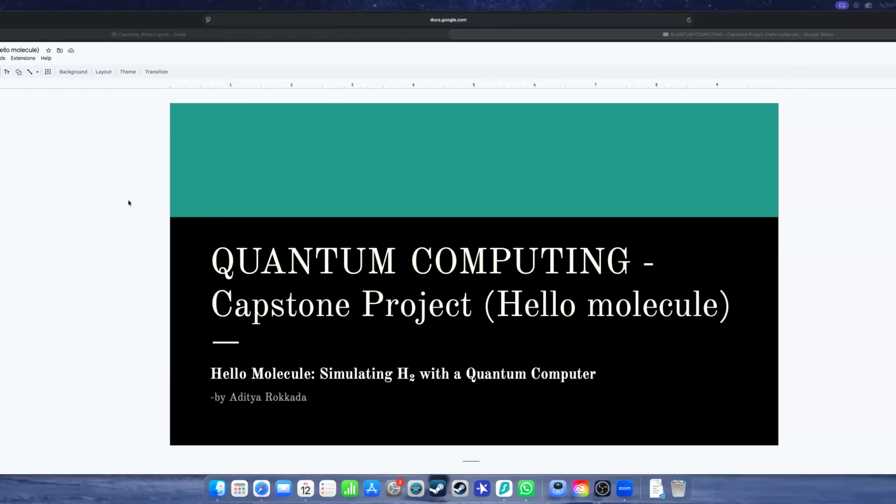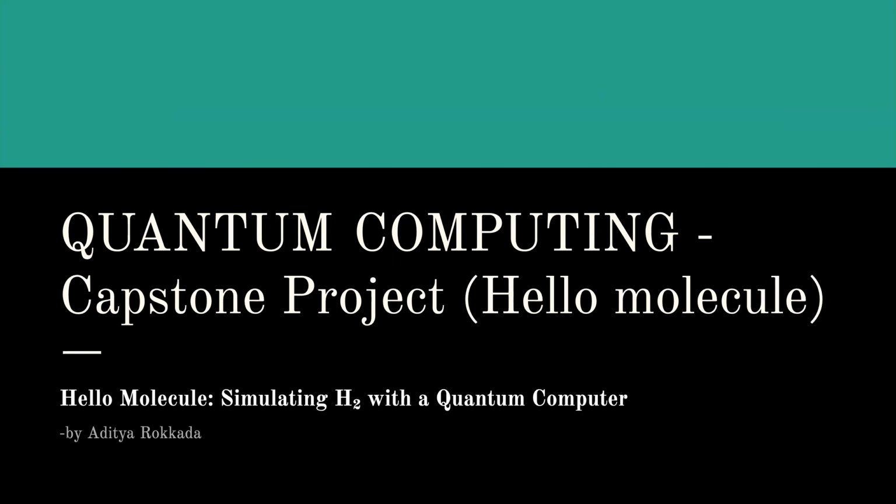Okay, so good morning. Today I'm going to be presenting my capstone project, which is about simulating the hydrogen molecule. I chose this because I have experience with chemistry, and I thought it would be cool to dive in deeper and integrate it with quantum computing. The goal today was to simulate the molecule and find its lowest possible energy state, which is the ground state, using a quantum algorithm called VQE, which stands for Variational Quantum Eigensolver.